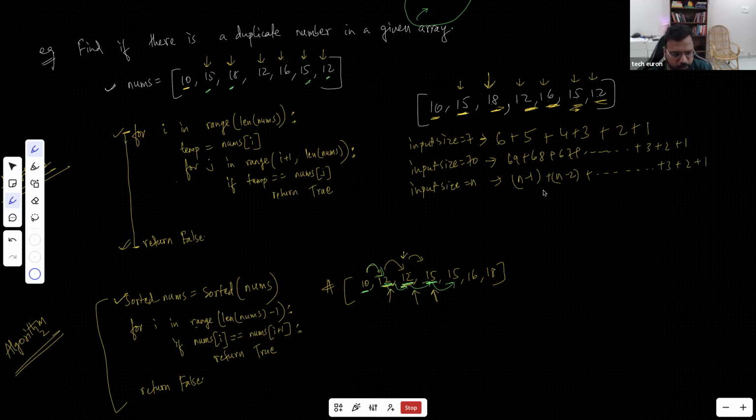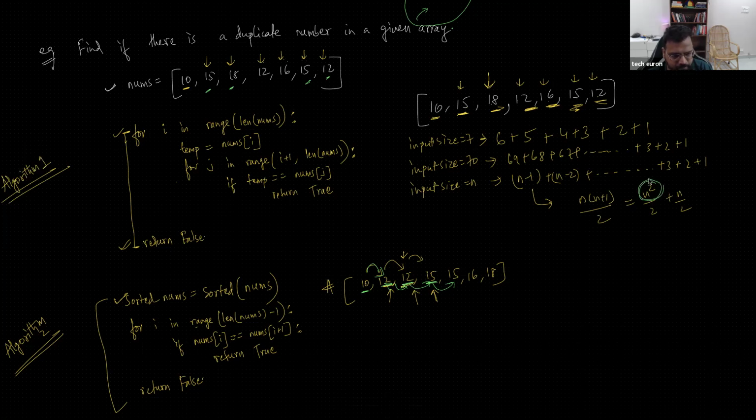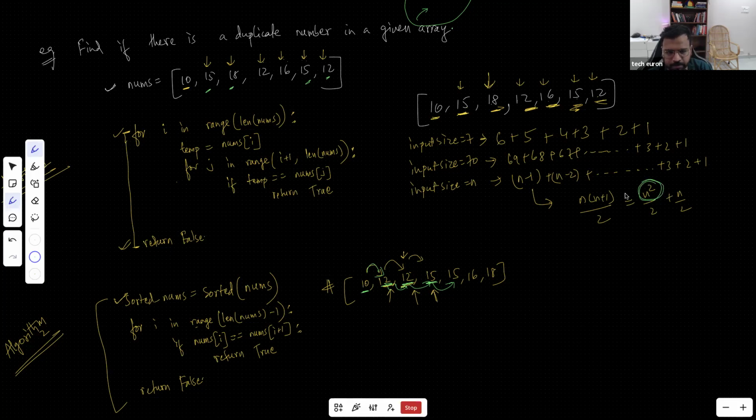If you do this, then this is n into n plus 1 by 2, which is equal to n square by 2 plus n by 2. So we will say that this is of the order of n square, which is the biggest term.